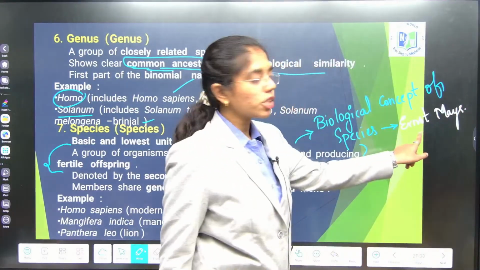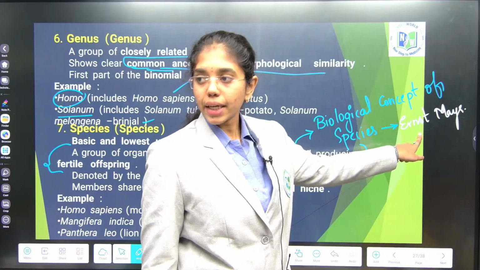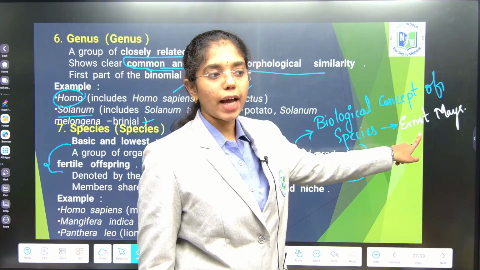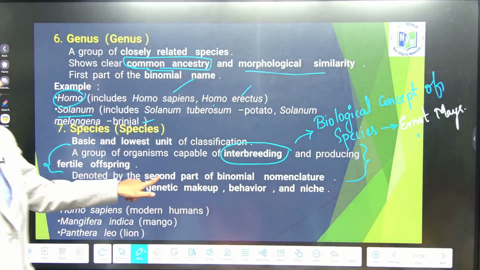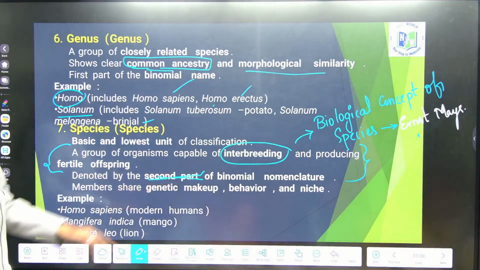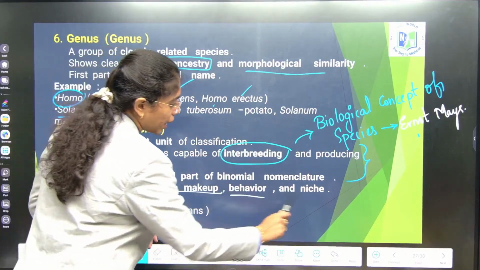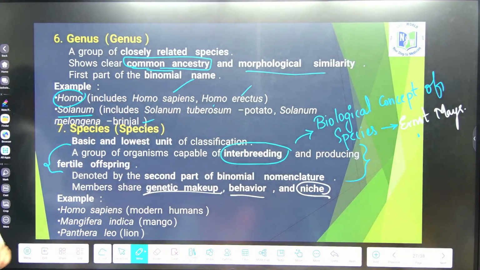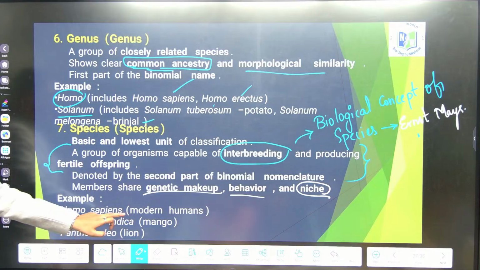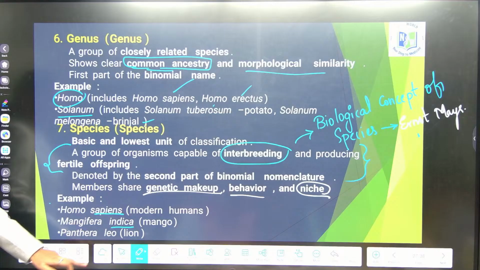How did he define species? Species are a group of organisms which can interbreed and produce fertile offspring. This is denoted by the second part of the binomial nomenclature. Members share common genetic makeup, behavior and common habitat also, that is niche. Examples include Homo sapiens, modern humans, Mangifera indica, mango, Panthera leo, lion.